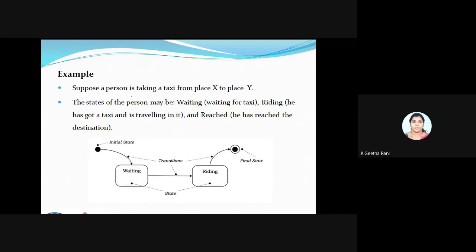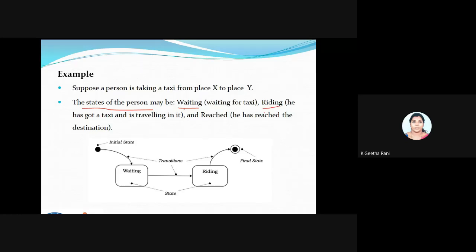For example, there is a person who is going to wait for a taxi. He wants to go from place X to place Y, assume like that. What will be the state of the person? You can see the state of the person will be waiting, because he is waiting for a taxi. Then once he gets a taxi, the state changes from the waiting state to the riding state.